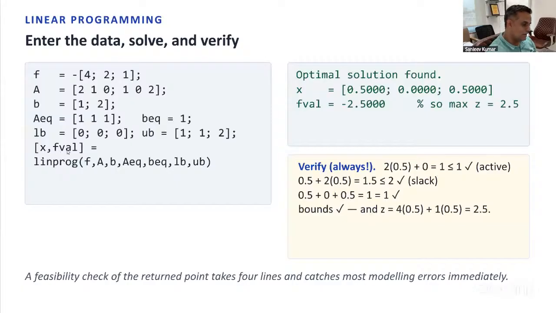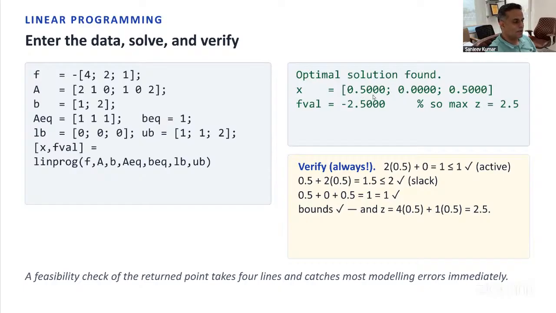I will get the optimum value of the function, and at the same time, the values of the decision variables. If I call this command, the output will be like this. Optimal solution found, x is 0.5, 0, 0.5.